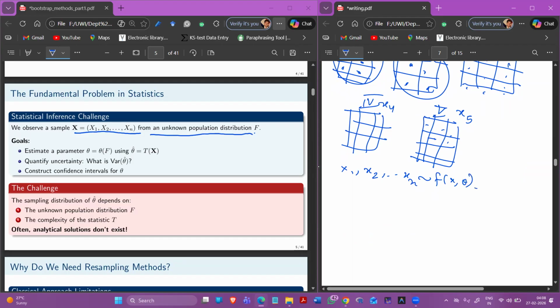We always say this, but in actual life, do you really know the distribution of your observations in advance? We never know. All right. So that's why we are saying an unknown population distribution F.